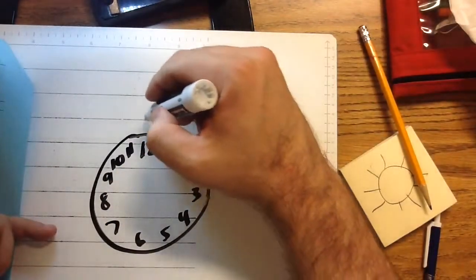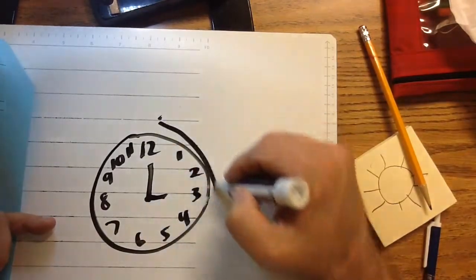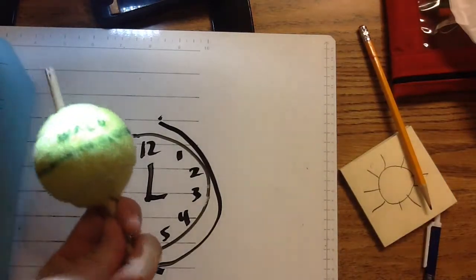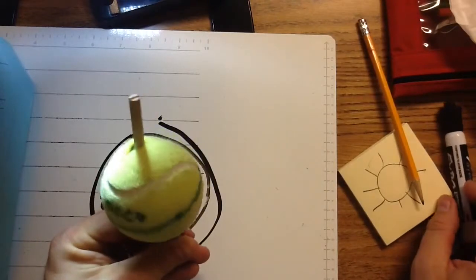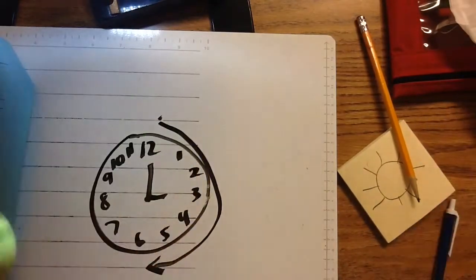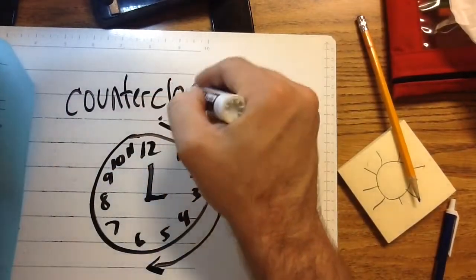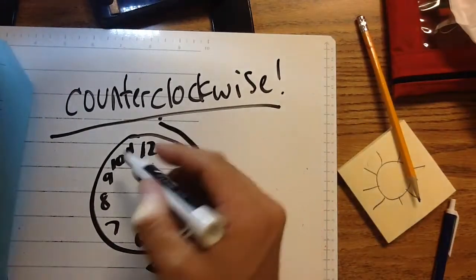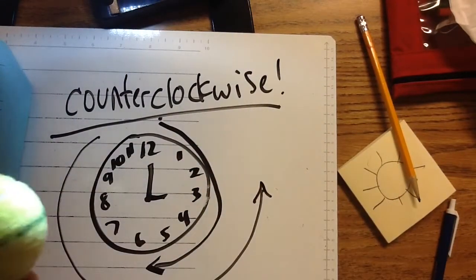Normally the clock hand moves this direction. That's clockwise. However, that is not how the tennis ball rotates. It actually rotates the other way, like this. So that's not called clockwise, that's called counterclockwise. It actually rotates in this direction. Alrighty. Moving on from that.